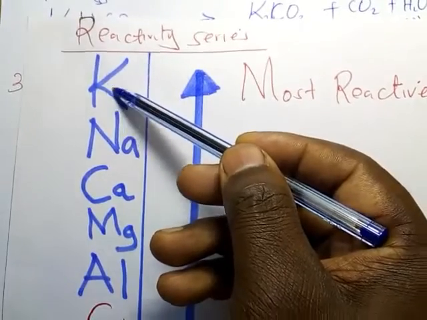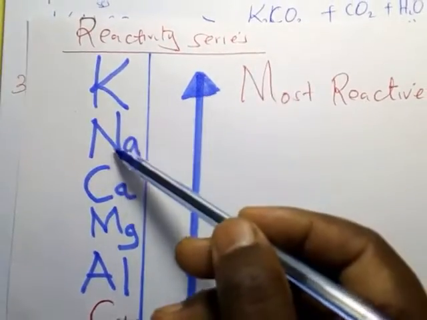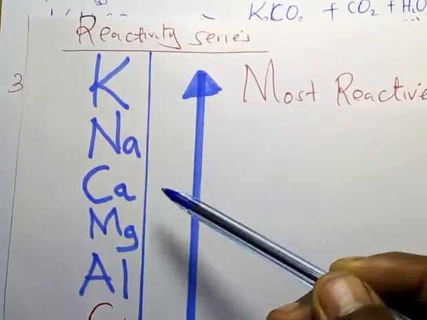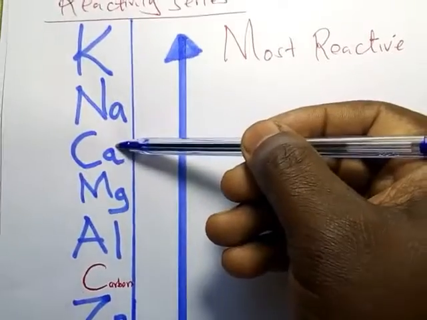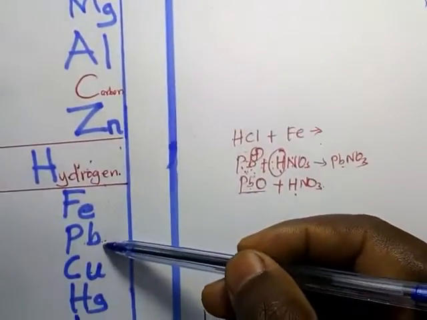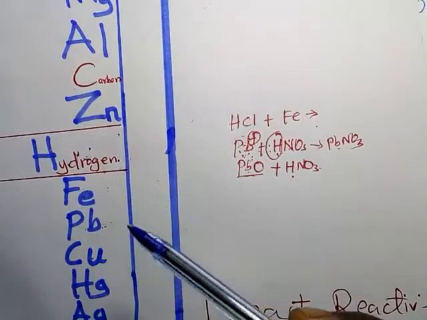Potassium nitrate forms potassium nitrite plus oxygen, sodium nitrate forms sodium nitrite plus oxygen. But the rest, from calcium, magnesium, aluminum, zinc, iron, lead, up to copper here, will form three products.